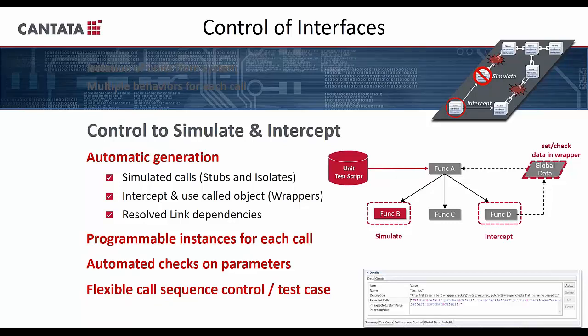So whether those things are included in your build or not, you get all of the control to be able to set and check things, as well as the ability to decide whether you isolate them or include them in an integration run. And that also covers things like being able to do different things each time calls are made. So you can check all the parameters passed over the interface, do different programmable instances on each call, and control which calls in what order are used in individual test cases.